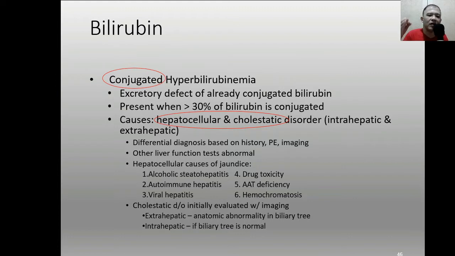Take note: obstruction, or second, a problem in the protein transport. So it may be secondary to a hepatocellular problem or a cholestatic disorder.